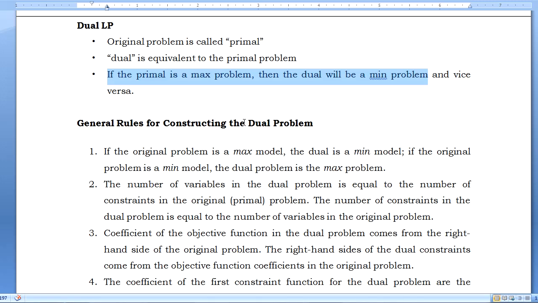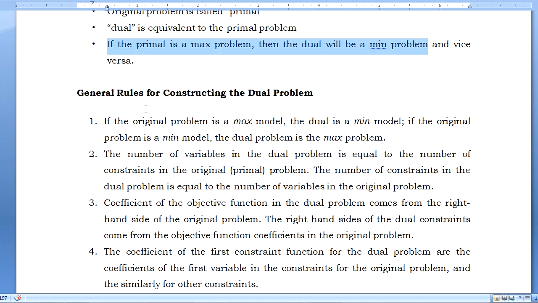For convenience, we define the variables for the primal LP to be Z, X1, X2 until Xn, and variables for the dual LP to be W, Y1, Y2 until Ym. These are general rules for constructing the dual problem.